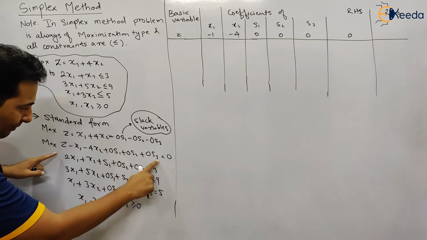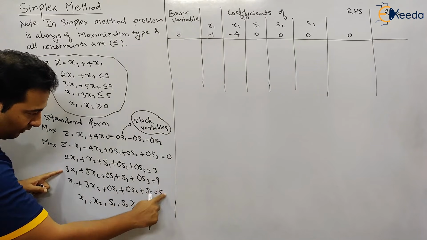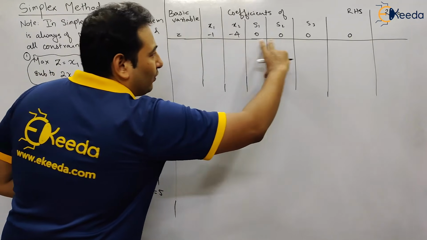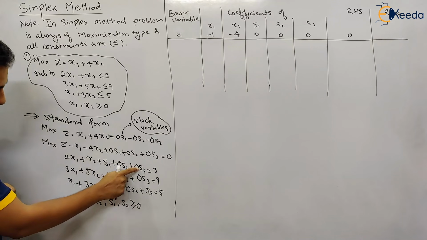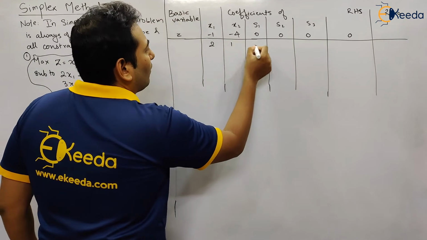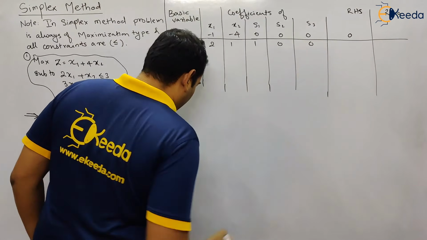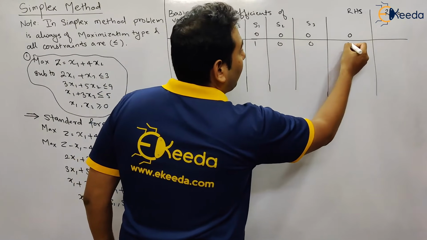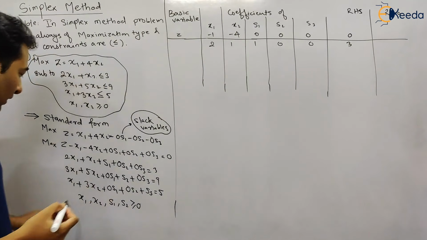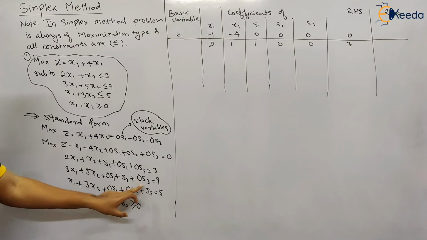Now based on these remaining 3 rows, we are going to fill this particular table. So let us start filling. It is 2, 1, 1, 0, 0 and RHS is 3. Next, 3, 5, 0, 1, 0.